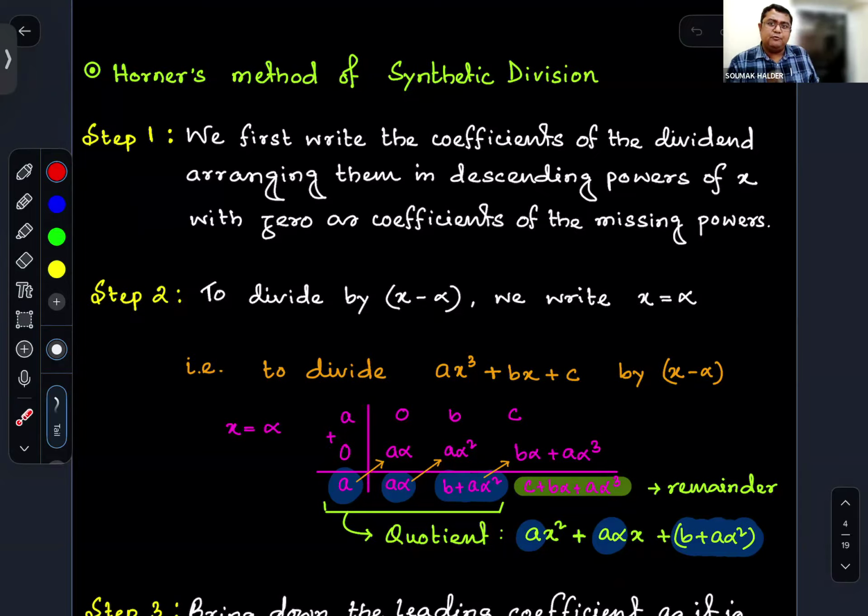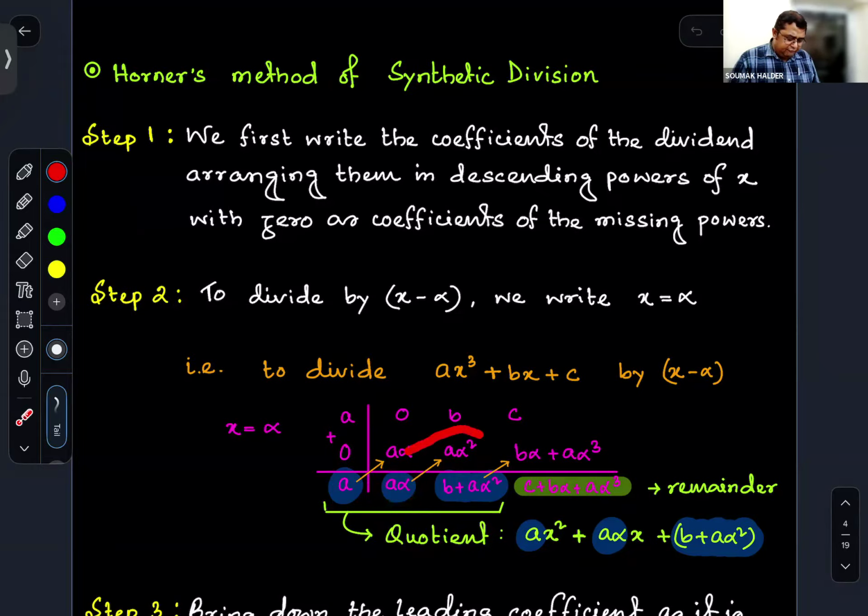It will always be whatever is the leading coefficient you have marked; carry it directly or you can write addition of 0. Now whatever result you have got in the first column, multiply it with alpha. That gives you A alpha. Write that in the next column. Perform addition. So 0 and A alpha gives you a total of A alpha. And repeat the process.